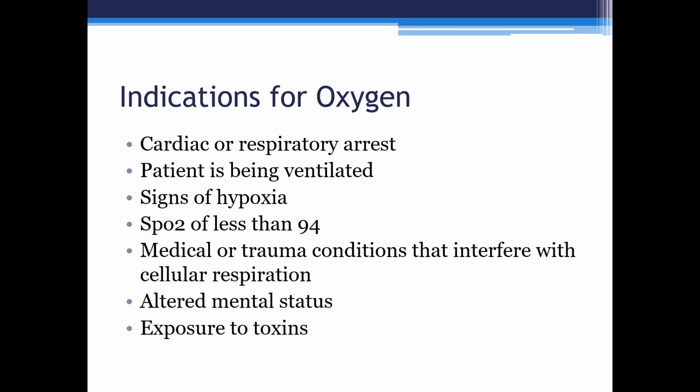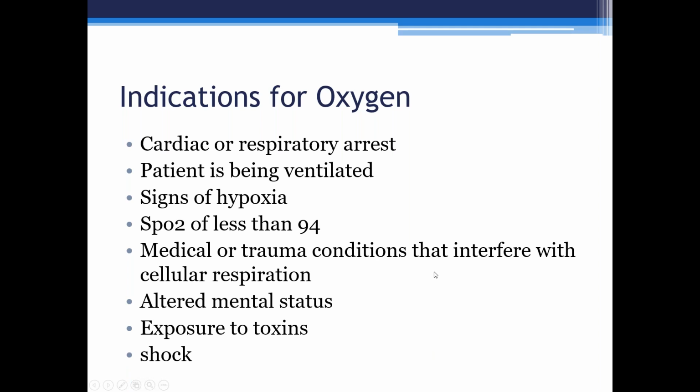So if there are 236 oxygen molecules out there and 1 CO molecule, that CO molecule is going to bind to the hemoglobin prior to those 236 oxygen molecules. So with that, we always want to provide them high flow oxygen. Especially in our geographical area, carbon monoxide poisoning is a very common call that we're going to go on because we burn fossil fuels for heating appliances.